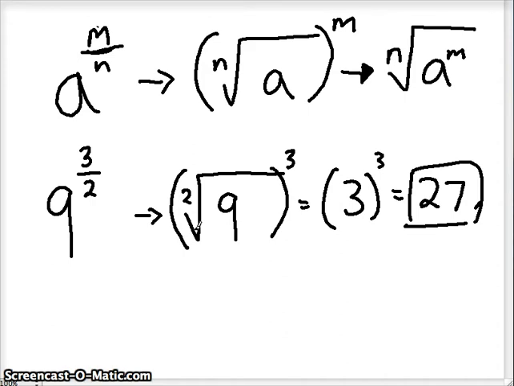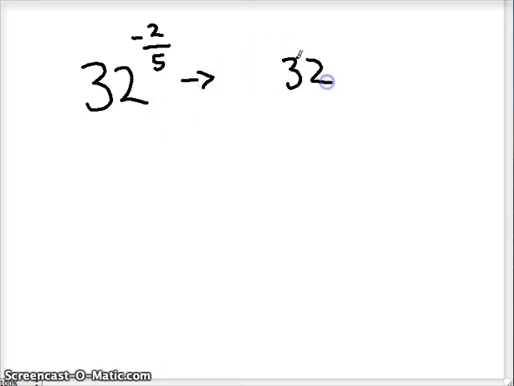This time let's try a negative power here. Let's do 32 to the negative 2/5. So here we have a different nth root. We have a 5th root. So change the form if it helps. We have 32 as our base.